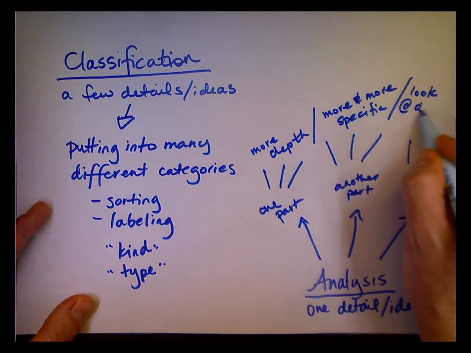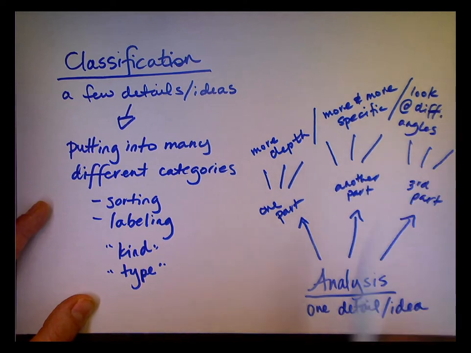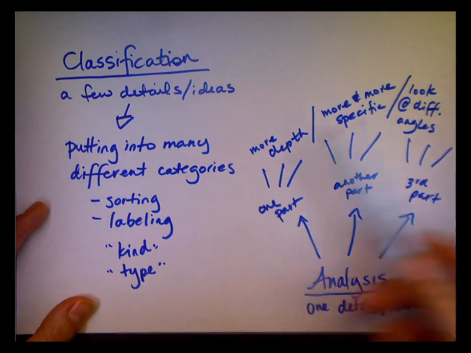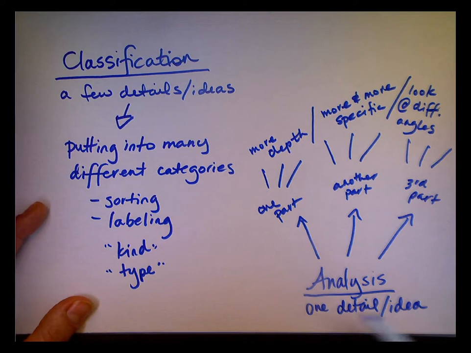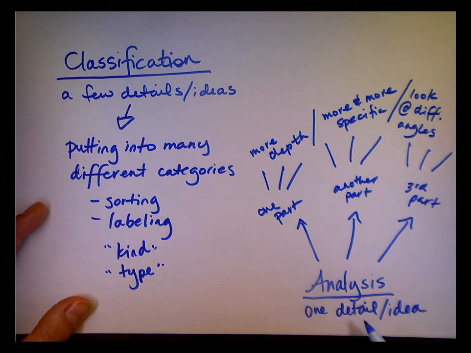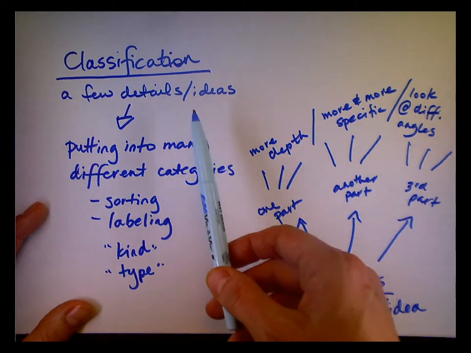You're looking at it at many different angles. But what you're looking at is that same one detail or that same one idea. So the entire passage or the entire paragraph will be looking over and over, inside and out, up and down, every nook and cranny, every part of the whole idea, the one whole idea.